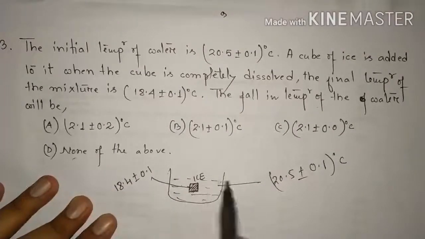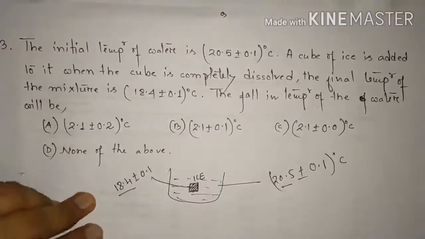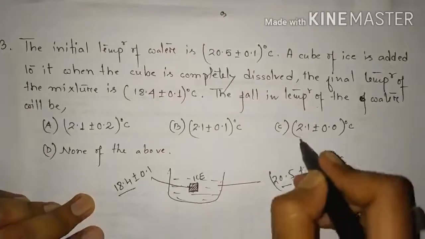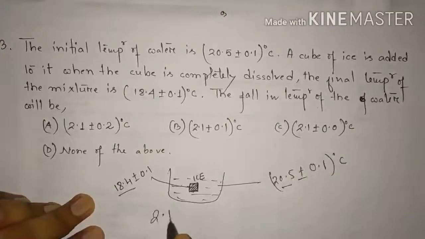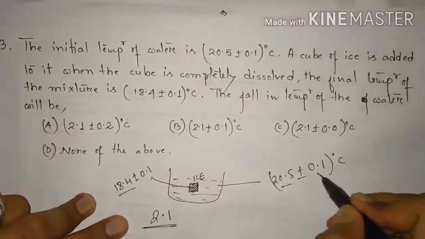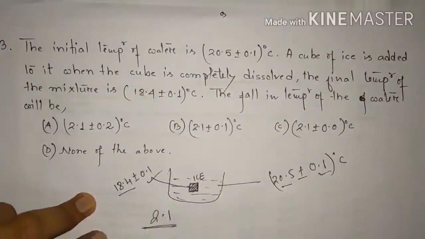So here the measured value is 20.5 initially, and finally the measured value is 18.4. So how much is the reduction? 20.5 minus 18.4, so it is 2.1. So the measured value will be 2.1, and initially the error was 0.1, finally again the error was 0.1, so the total amount of error is 0.1 plus 0.1, that means 0.2.